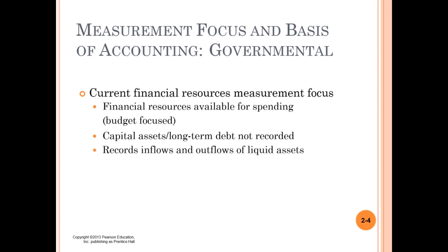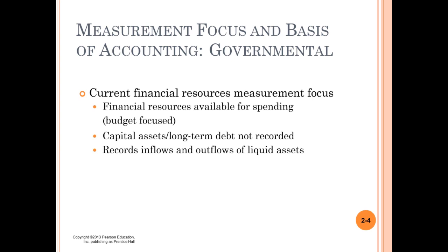They use a different measurement focus than what we have been discussing in our not-for-profit, in our business accounting. Specifically, as you can see, the governmental accounting uses the current financial resources measurement. This means that they're only concerned with what we're trying to spend and receive right now.